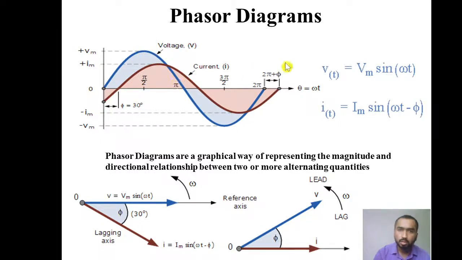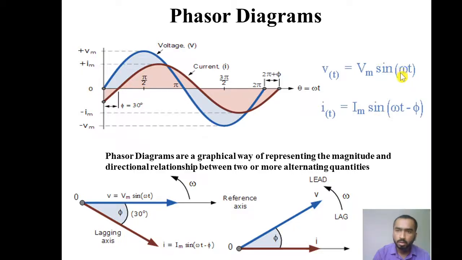So this is the equation of voltage. The instantaneous voltage V of t is equal to Vm sine omega t. What is Vm? That is the maximum voltage, or amplitude. What is omega? That is the angular frequency.